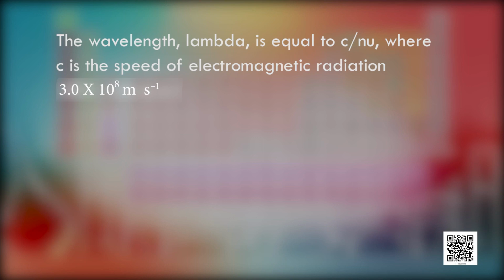So, you have to bring in this value yourself. It won't be given in the question. 3 into 10 raised to the power 8 meters per second. So, whenever there is a question on electromagnetic radiations, you should know c would be 3 into 10 raised to the power 8 meters per second, which is the speed in vacuum, and nu is the frequency which has been given to you.